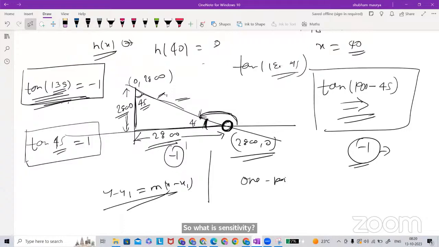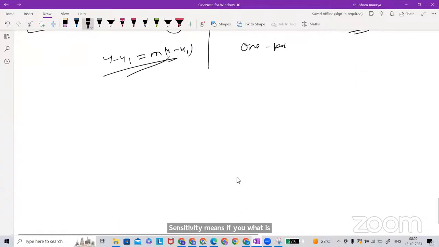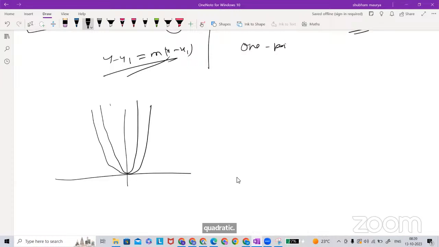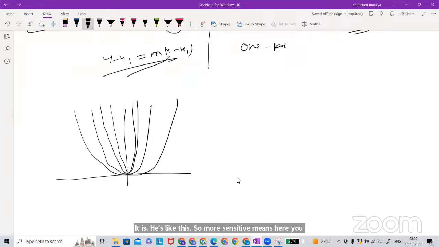Sensitivity means, if you remember what sir is discussing, sir is making the quadratic more curved. So more sensitive means, for suppose these are the quadratics Q1, Q2, Q3, Q4 you have, for general quadratics I'm saying. Suppose you took this point, and this line is going like this.